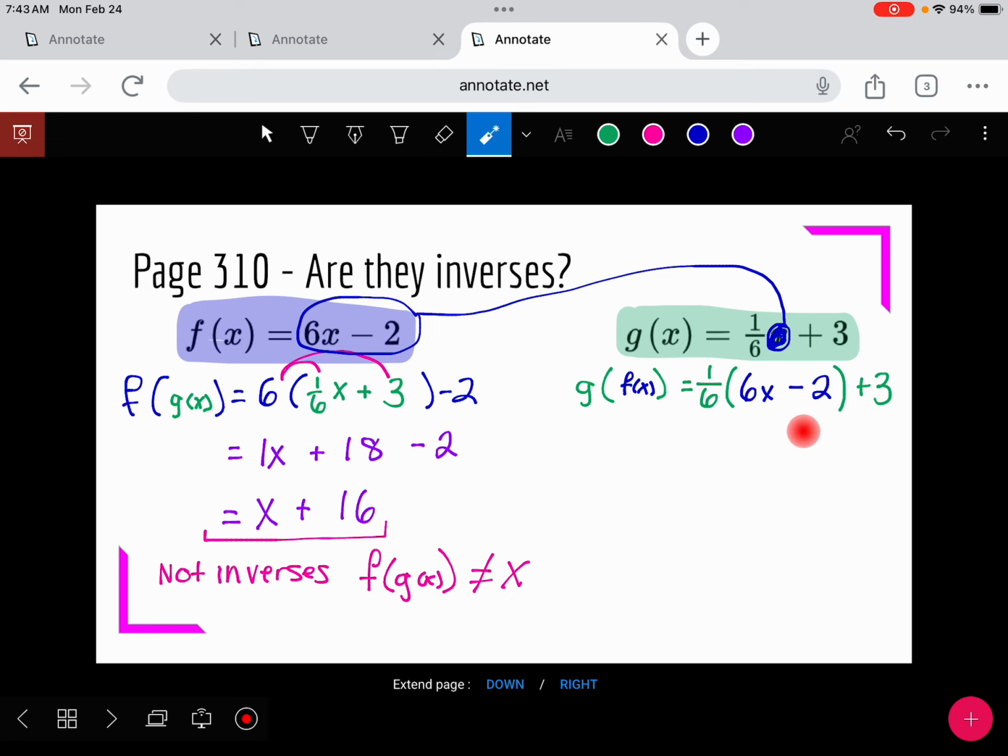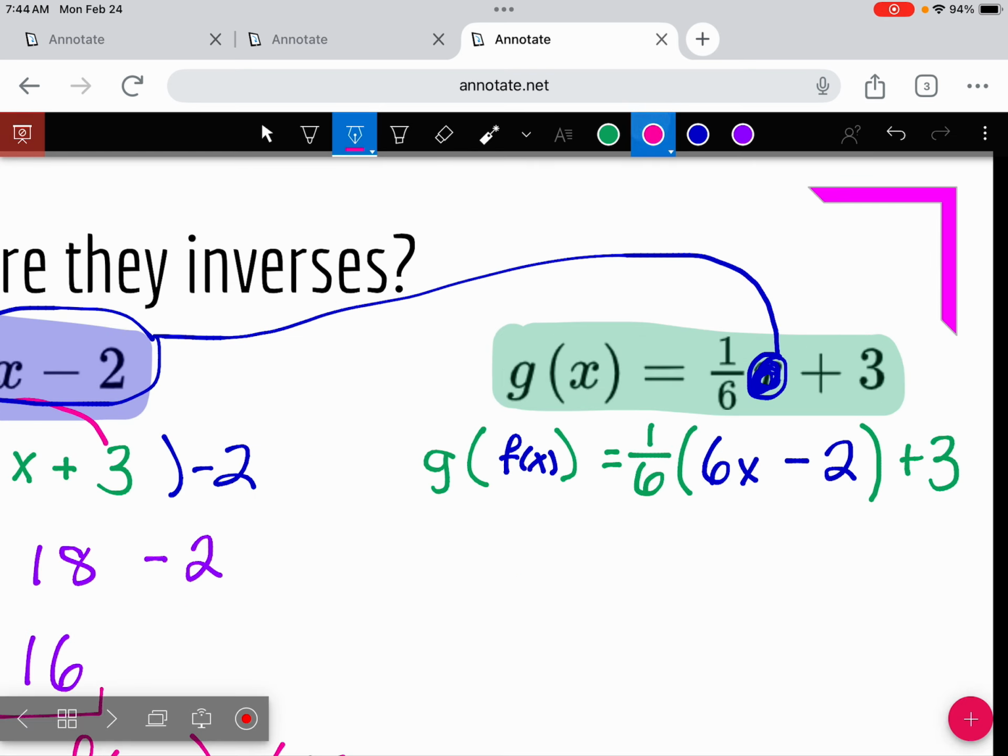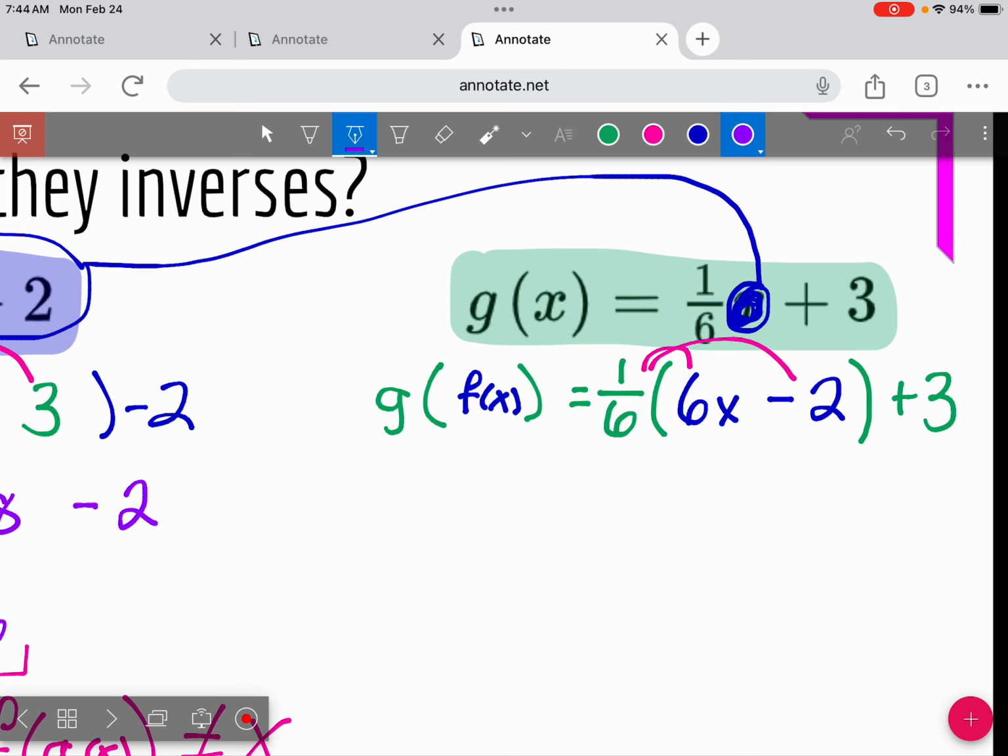So what do we do over here? Distribute. Exactly the same. So we're going to distribute this guy. When we take our 1/6 times our 6x, we again get a 1x. We like that.